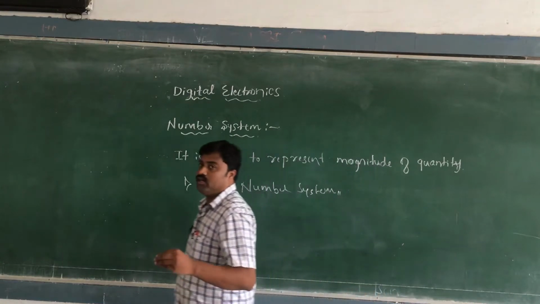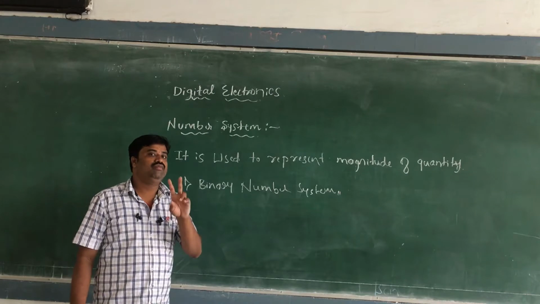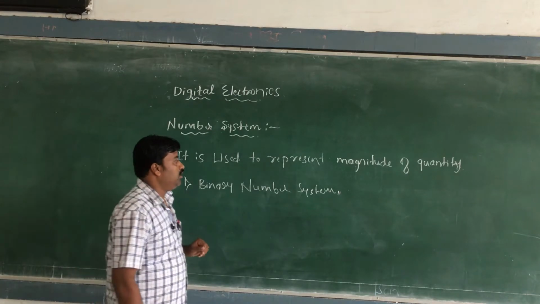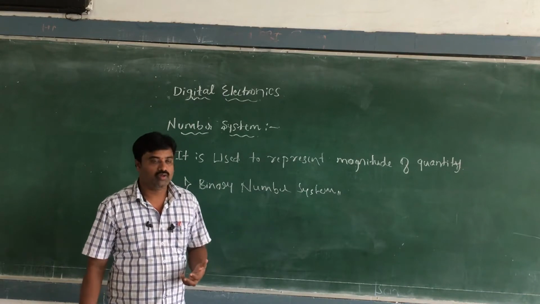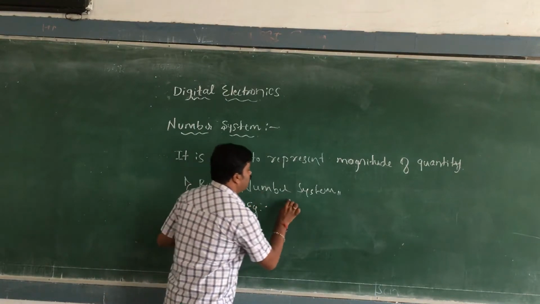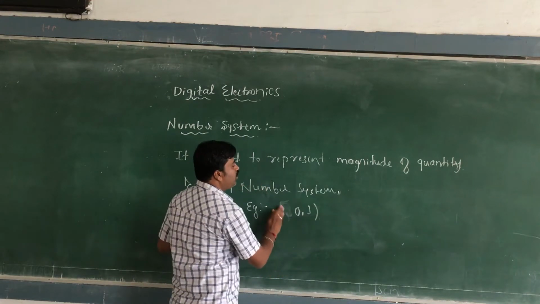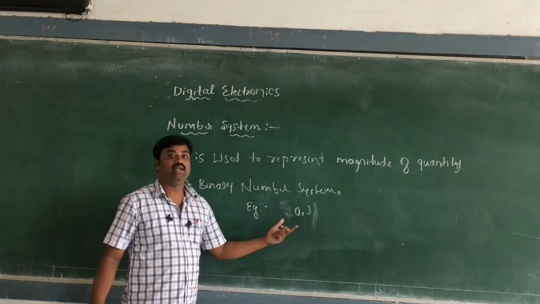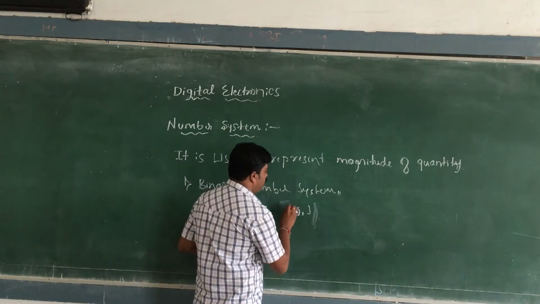Base or radix value means it represents the numbers in the number system. For example, 0 and 1, these are the binary numbers.